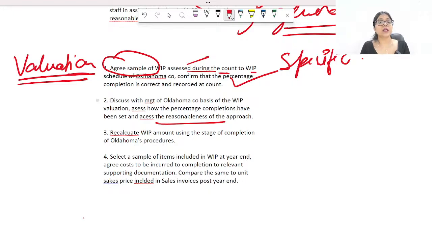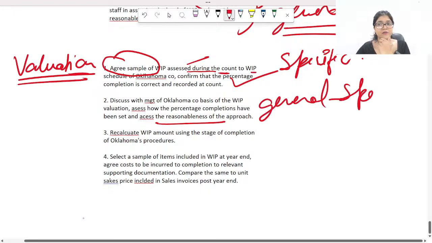Then I'll be understanding the assumptions they have taken for the percentage of completion, and then I'll assess the reasonableness of that approach as well. So what was happening earlier, what is happening in my percentage of completion, then I'll be comparing and seeing if it is reasonable or not, right? This is more so generic made specific, I would say.